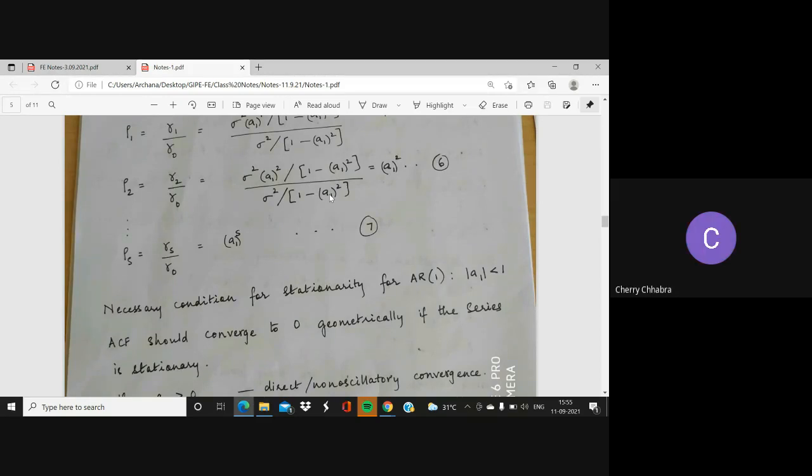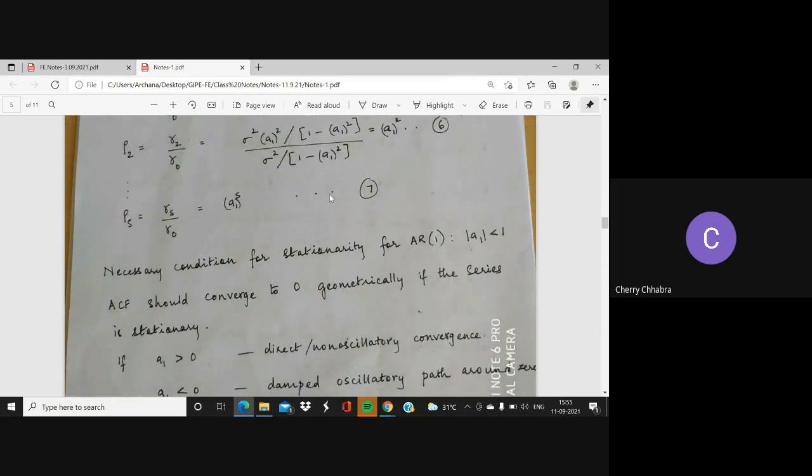If we are assuming that the mod value of A1 is less than 1, that means a positive value less than 1, and the positive to the power of something would be positive. So how would we get a negative, damped oscillatory path? Okay, I found my mistake. The absolute value of A1 has to be less than 1, so it can take negative values, but it has to be less than 1, basically. Yes.